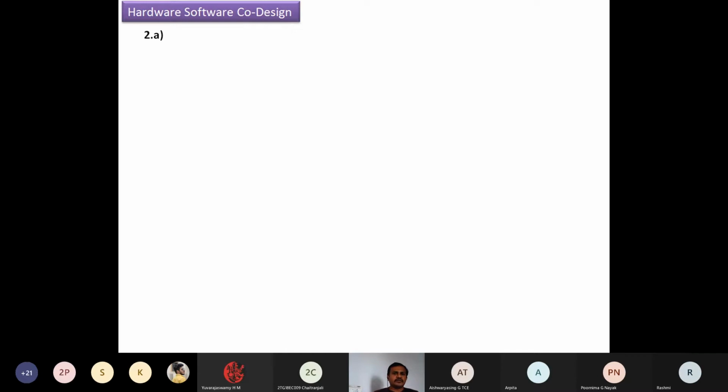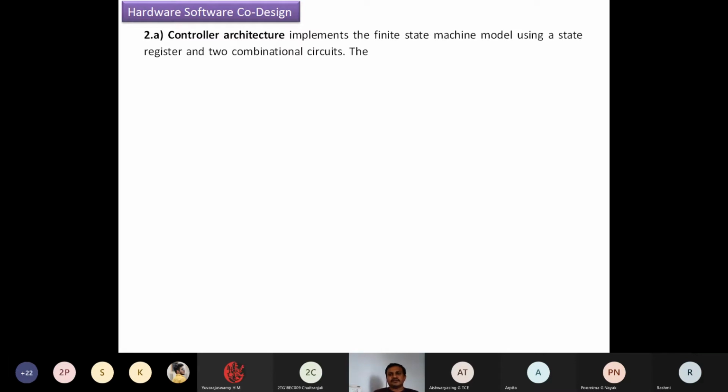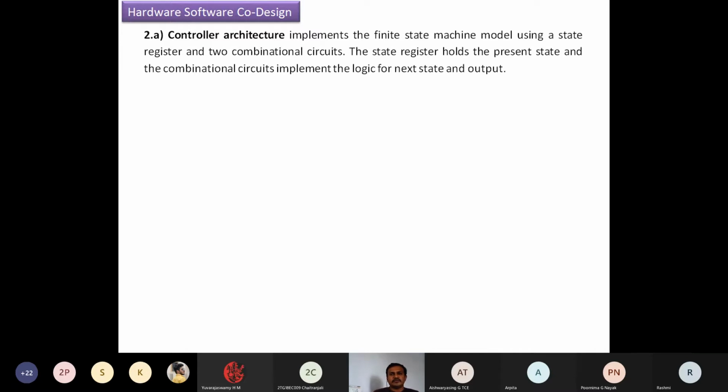So here we have the various architectures. We may follow the controller architecture, which implements the finite state machine model. So here the finite state machine is nothing but another graph, the flow graph, the data flow graph, which we are going to study in the next concept. So the state machine model using a state register and two combinational circuits.